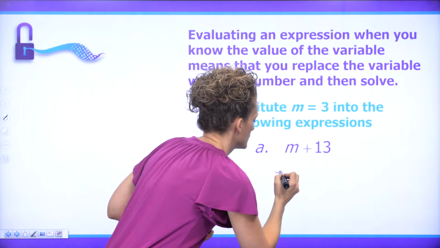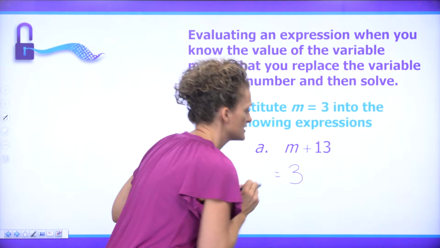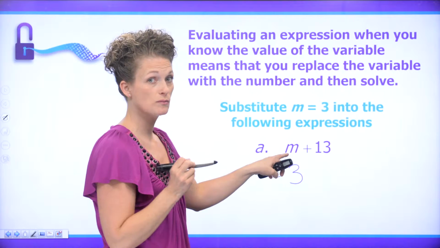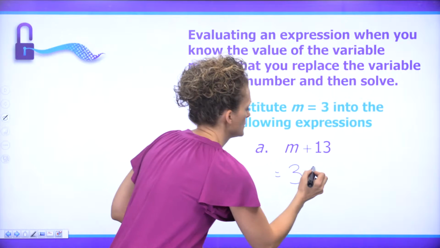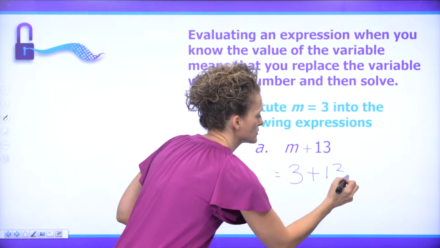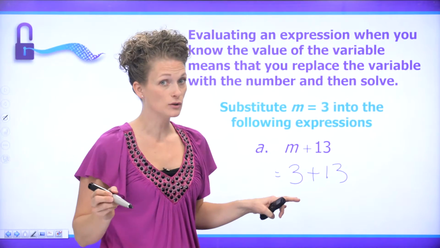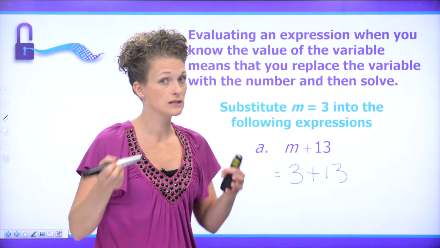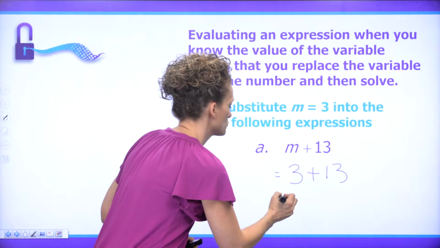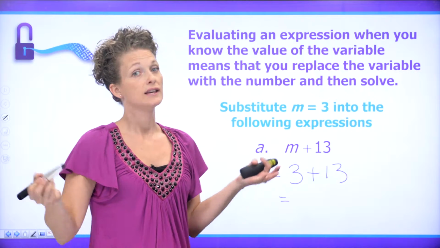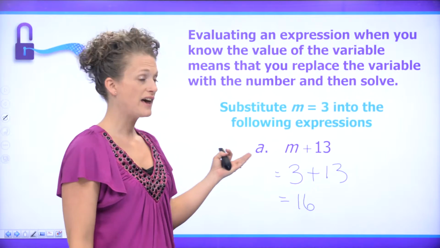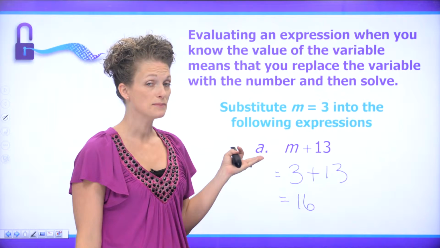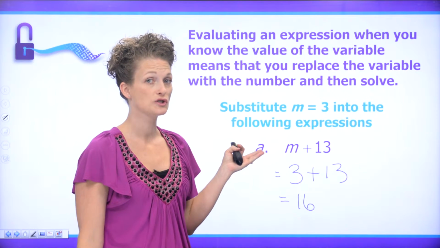So I can rewrite this as 3, because remember, m is equal to 3, or is the same as, and then I have this plus 13. Well, it's not evaluated yet because evaluated means it's one number. So 3 plus 13 gives us 16. We have a single number. We have evaluated this expression substituting m equals 3.